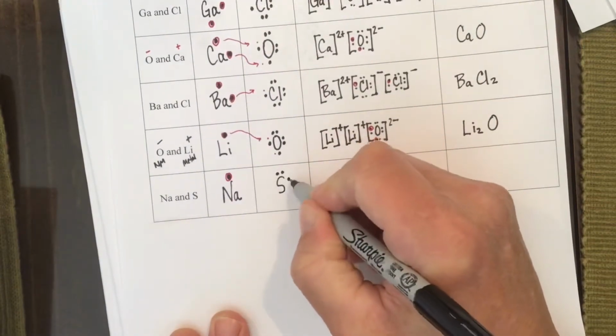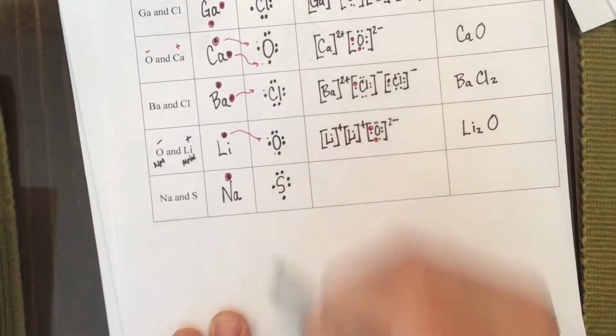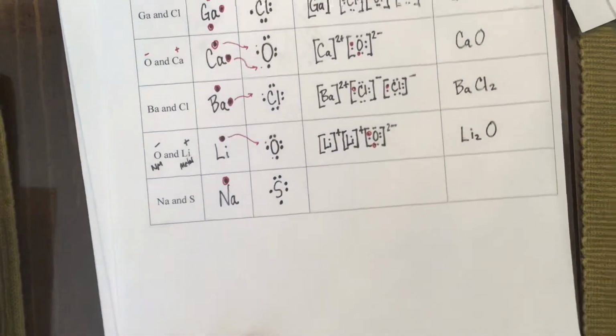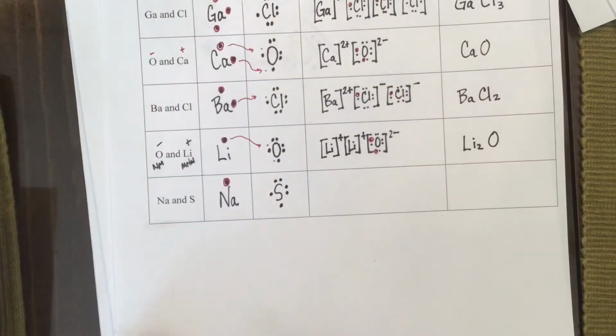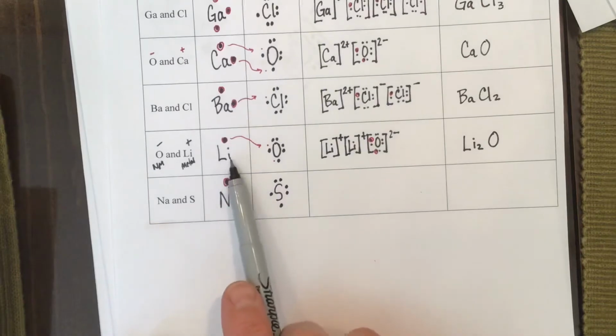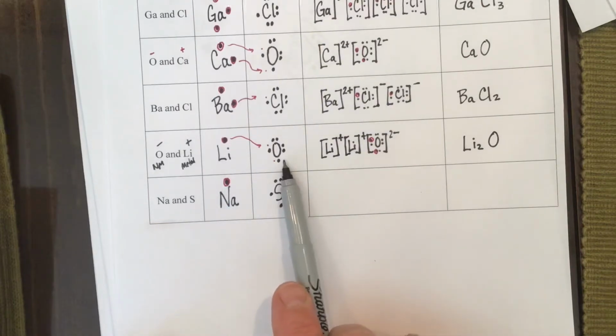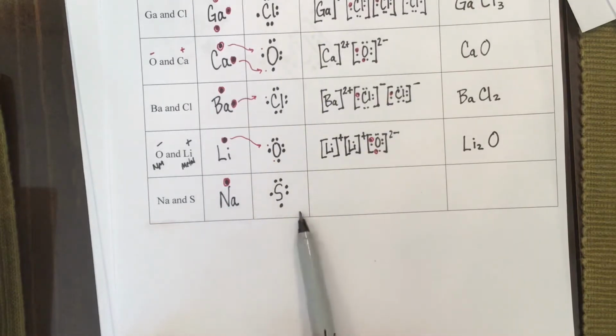It has 1, 2, 3, 4, 5, 6. Now, if you're really paying attention, you'll notice that this is a group 1 and this is a group 16. They're going to combine in the same ratios because they have the same numbers of valence electrons.